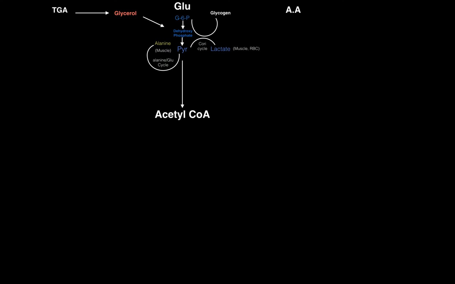There is a specific shuttle in the mitochondria that can move pyruvate inside. And in the mitochondria, pyruvate, through pyruvate carboxylase, can be converted to acetyl-CoA. This enzyme is only present in the mitochondrial matrix.